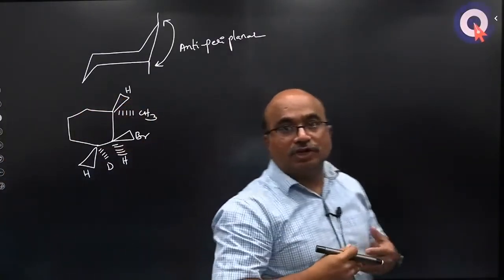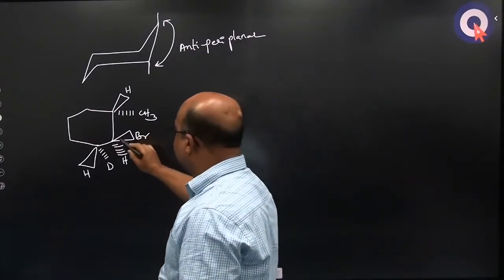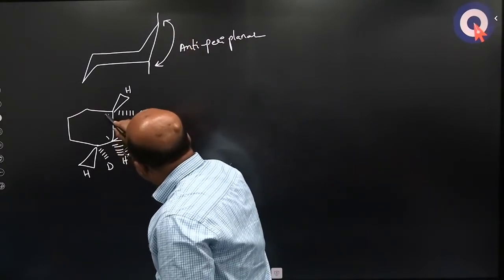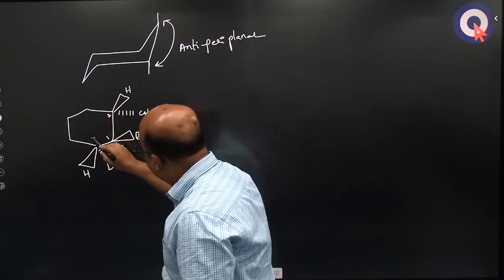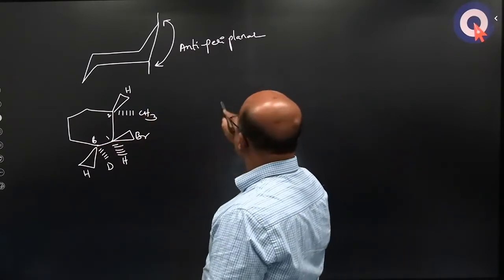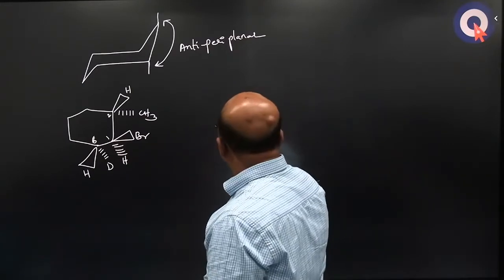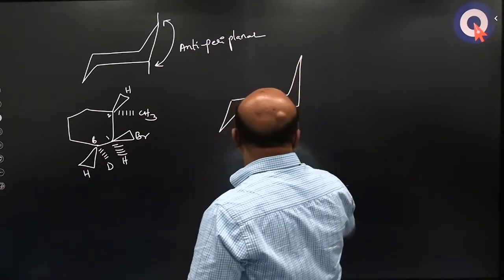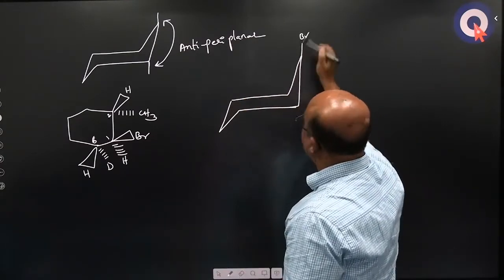But when we convert this into the chair conformation, suppose this carbon is the one with Br. I assume this carbon is 1, this carbon is 2, and if you go on, it may be 4, 6. So I write the chair conformation of this, assuming this as 1, with Br above.